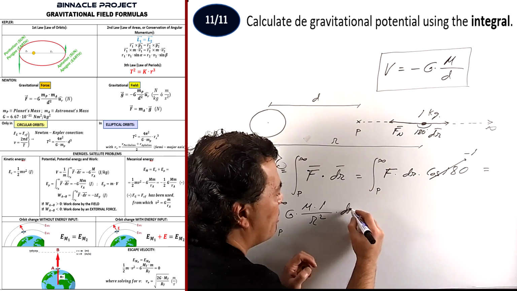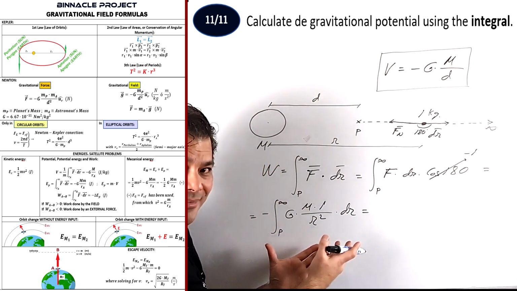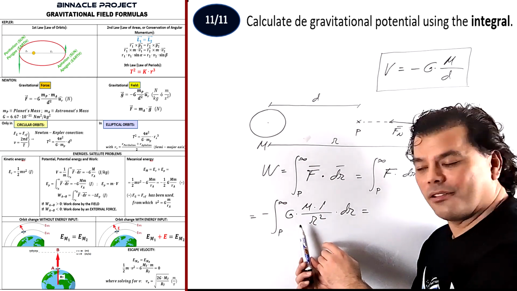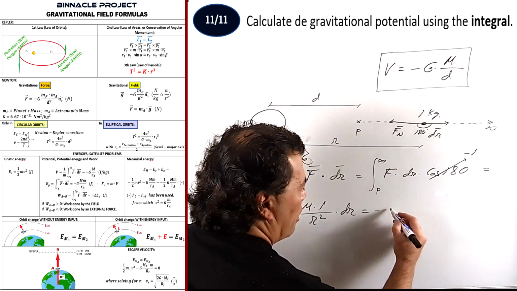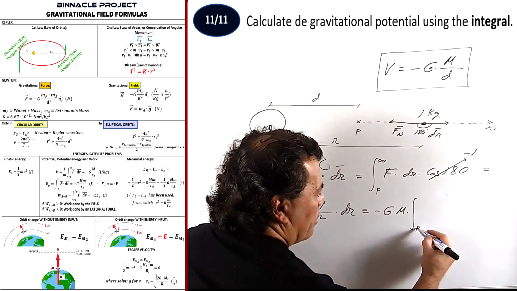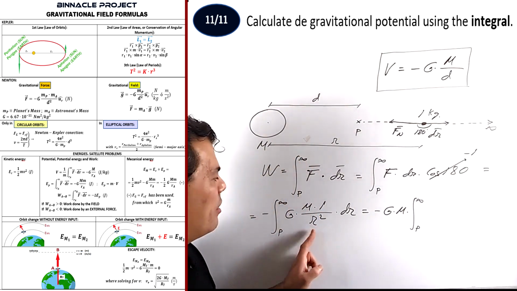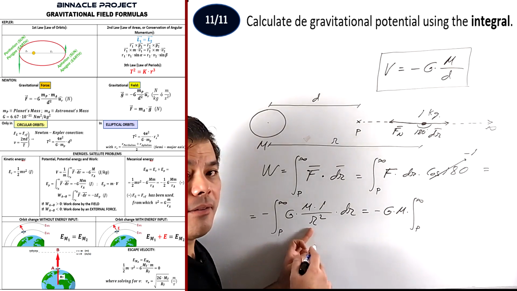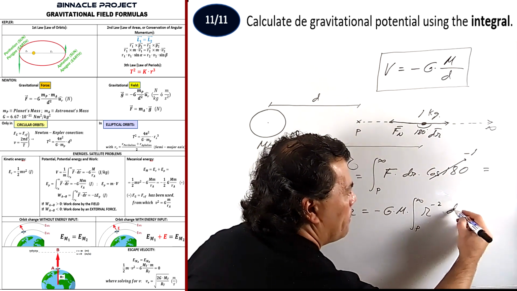And the displacement vector. Second step, easy, right? And now it's time to solve the integral. I'm taking out these two constants. -G, the mass of the planet, the integral between P and infinite, and I'm rewriting 1 divided by r squared like r to the -2.